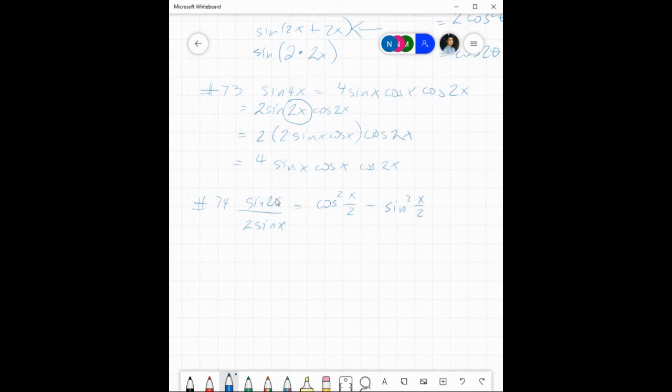All right, tell me what you've tried so far. On sine 2x, I put 2 sine x cosine x over sine x squared minus cosine x squared.